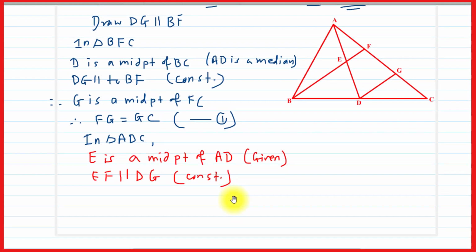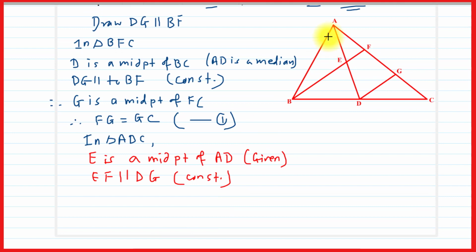And now in triangle ADG, a line passing through the midpoint of one side and parallel to the other side also passes through the midpoint of the third side.